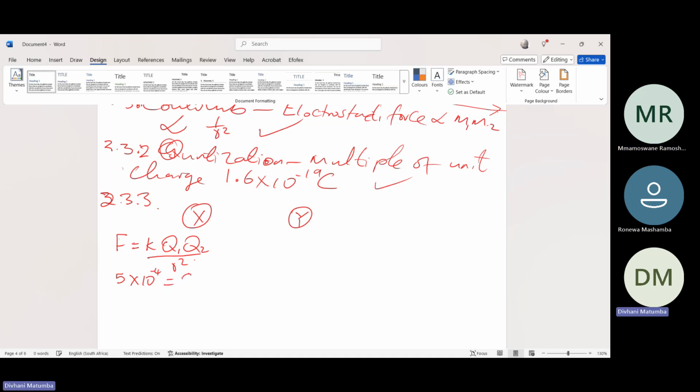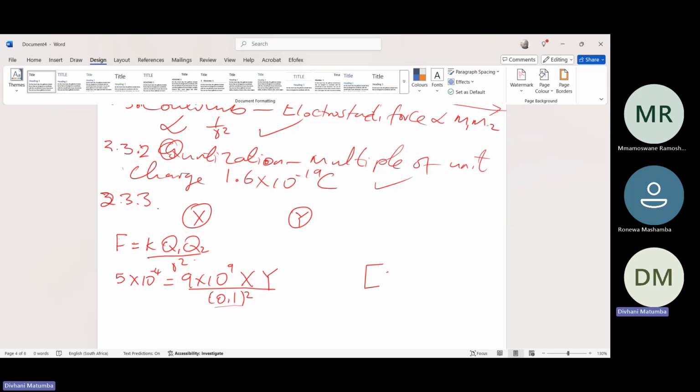Yes, and then this would be 9 times 10 to the power of 9 times x and y, over r squared, which is 0.1 squared. Do you agree with 0.1? Because this is in meters, not in millimeters. You agree? Yes. Okay.